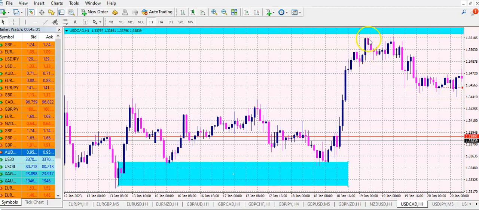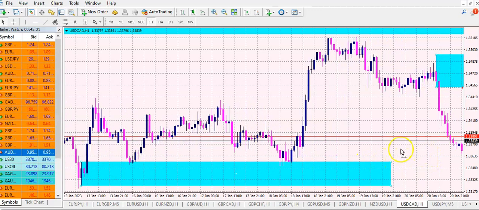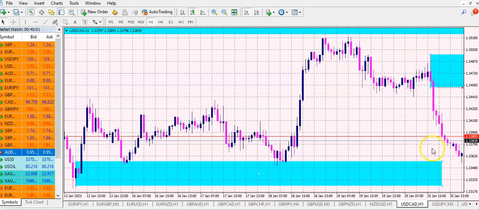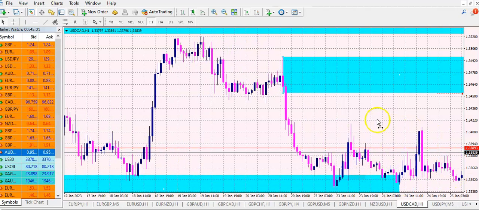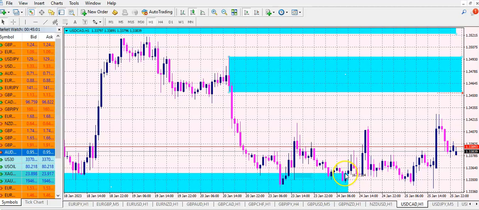And of course there was this huge move to the upside. And one of the criteria is the freshness of the zone, of course. So we were able to look at this, and we saw this. All right. So recently, as price came into that place, it got rejected.